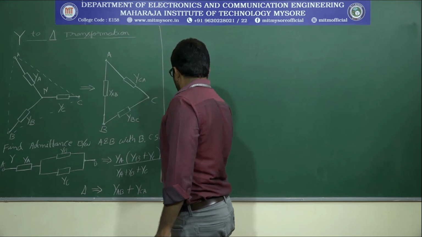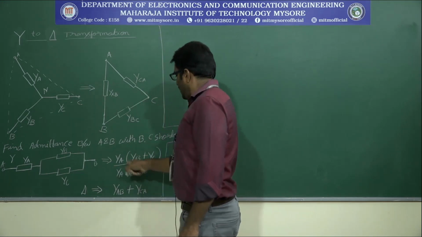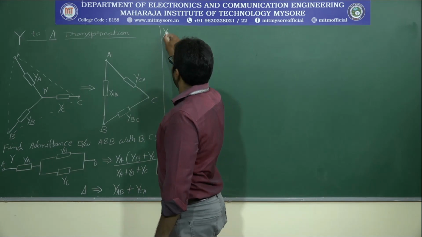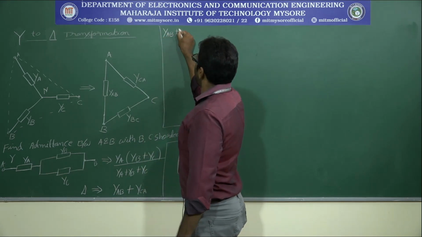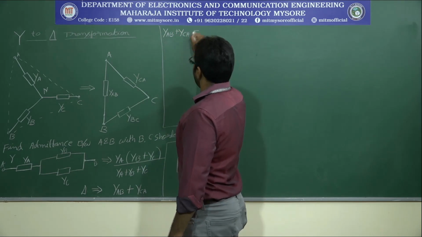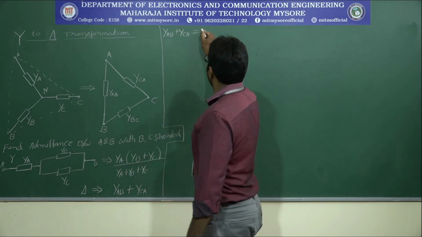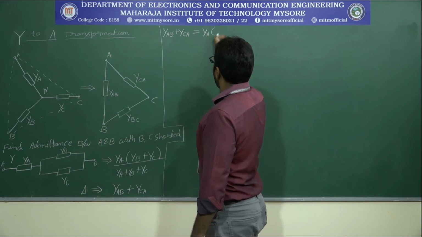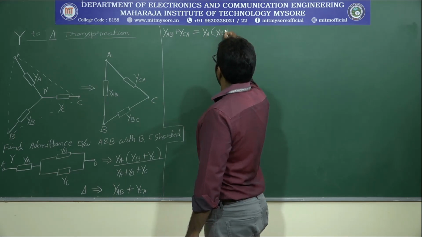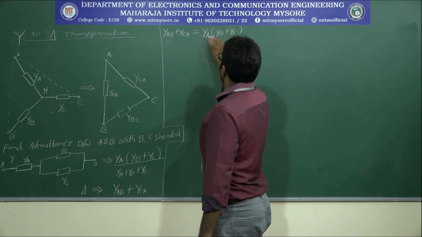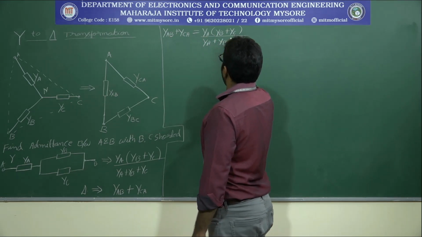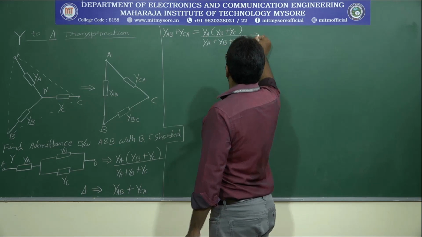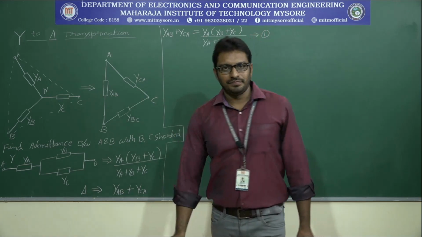Okay, now just equate these two equations. YAB plus YCA is equal to YA into YB plus YC whole divided by YA plus YB plus YC, and call it equation number 1.